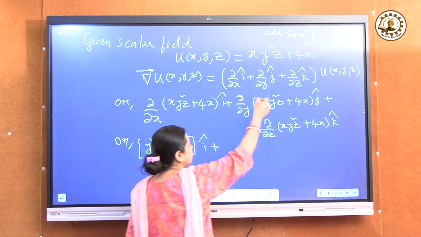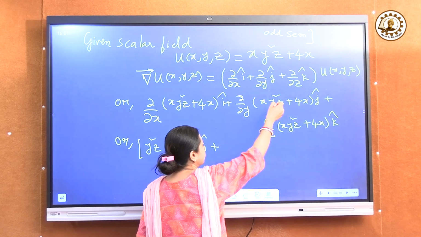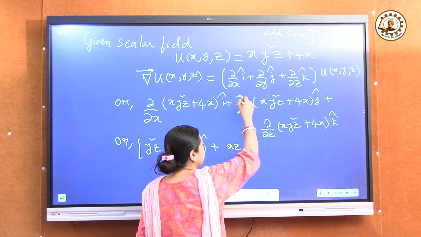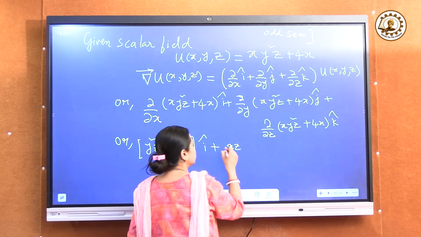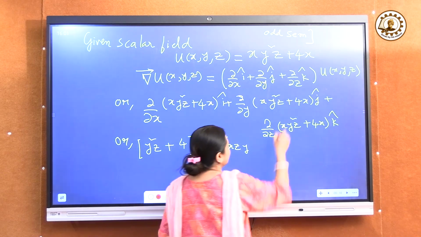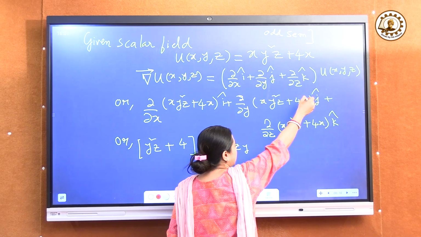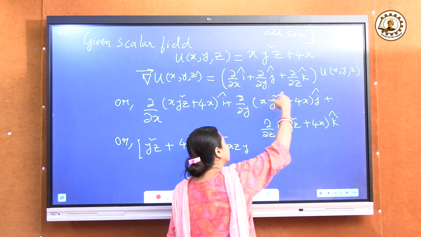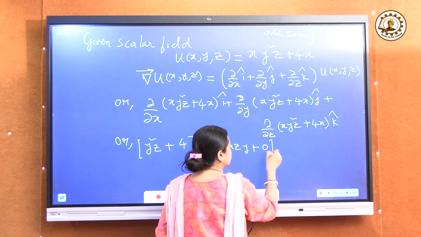Plus del y of this quantity. So del y of x y square z: x z will remain as constant, and derivative of y square with respect to y is twice y. And because there is no term of y present in 4x, this part will become equal to 0.